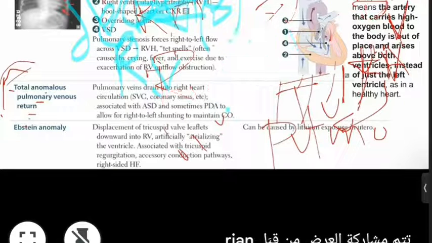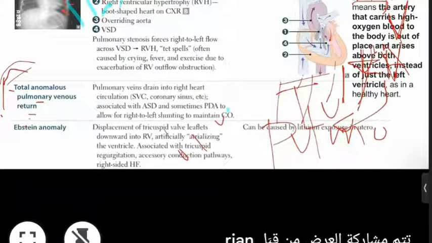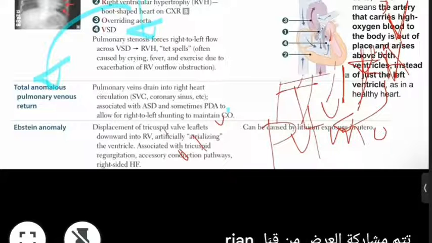this will push the oxygenated blood that comes from the pulmonary vein. Because this baby has a disease, the pulmonary vein will bring this oxygenated blood not to the left atrium as it should be. It will send it to the right atrium, and this is a disease.